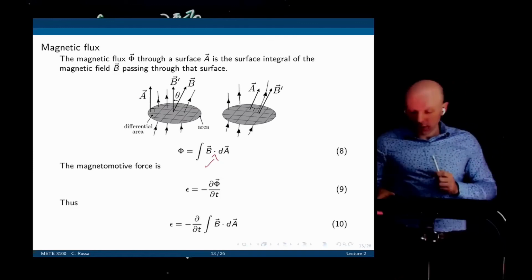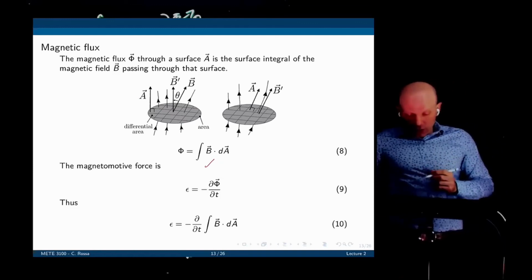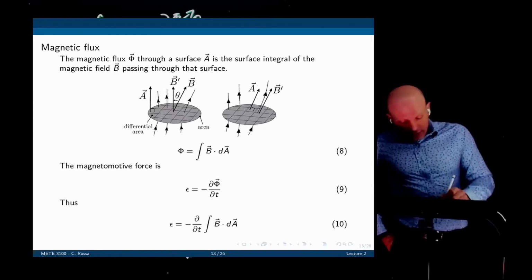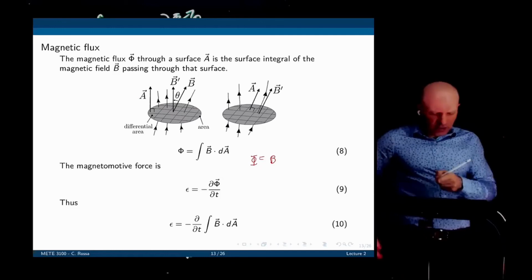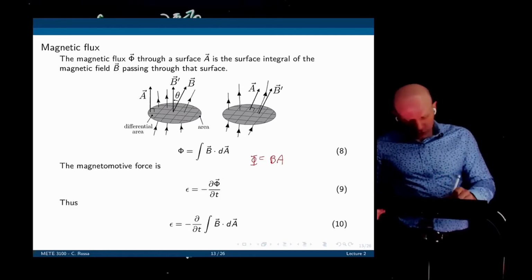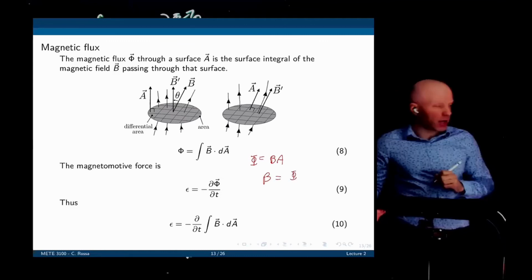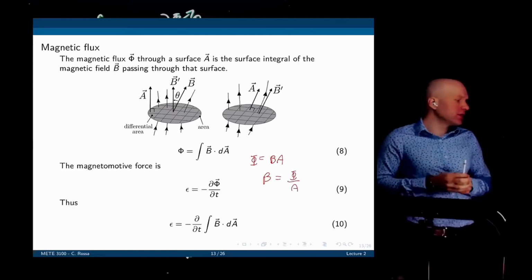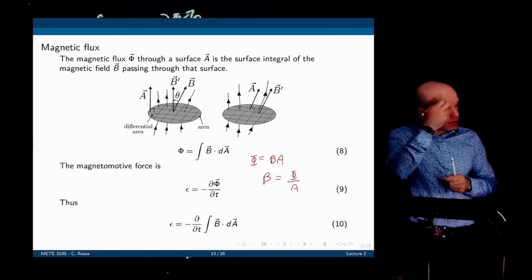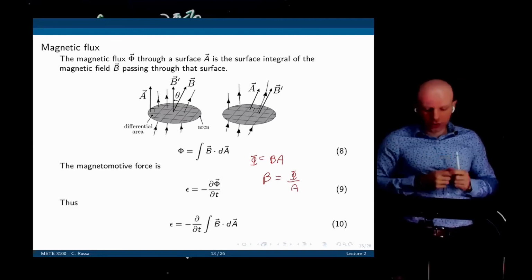If we have a constant area, then phi equals BA. And here we have a better explanation for the definition of B: B equals the magnetic flux divided by A, and B is the magnetic flux density. That makes perfect sense. It's a bit clearer with this equation.